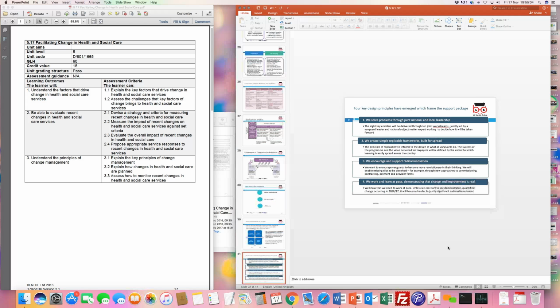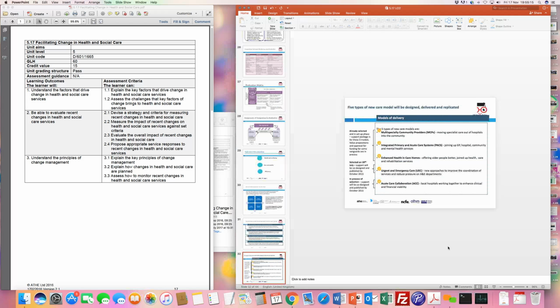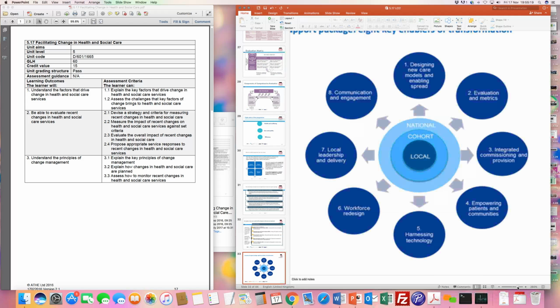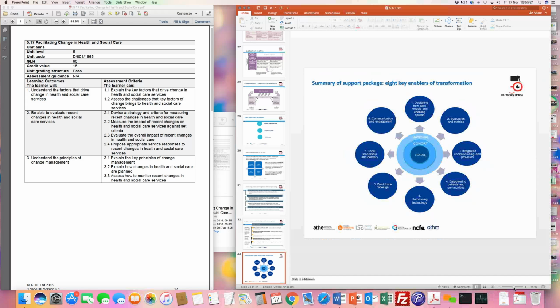Now, some of these slides go into a bit more detail in terms of why they look at these 4 pillars and what they essentially do. And then I'm going to go on to this particular slide, which talks about the 8 enablers which will overall impact how health and social care services are now provided by the NHS within the UK.